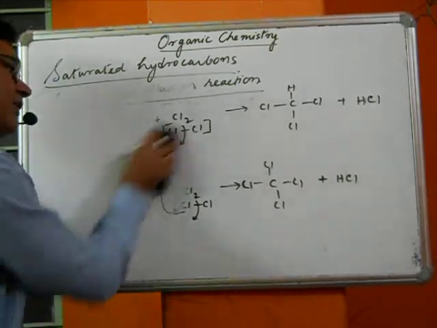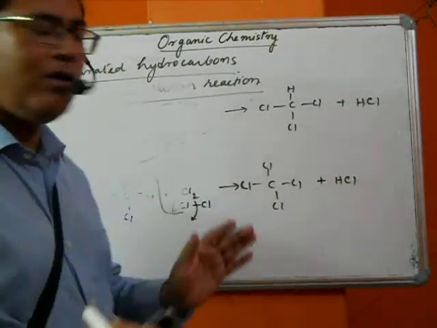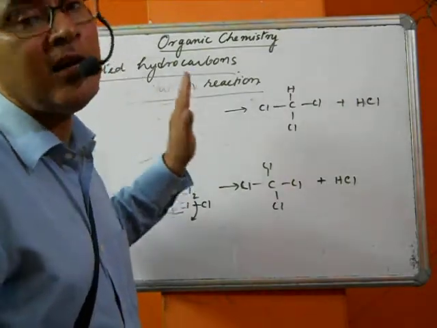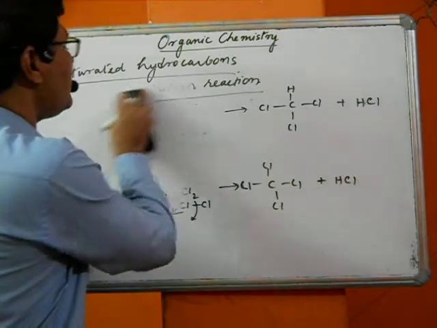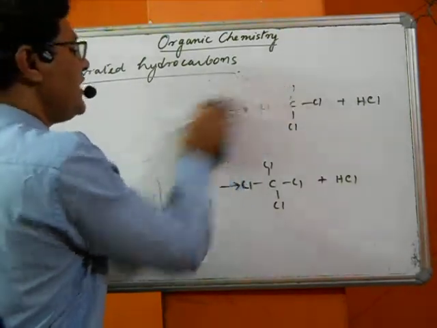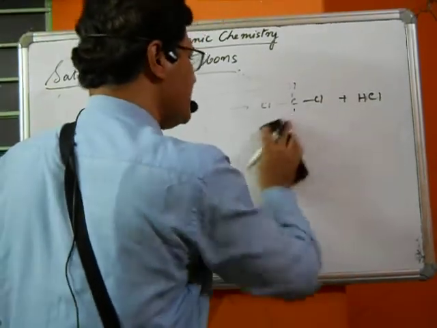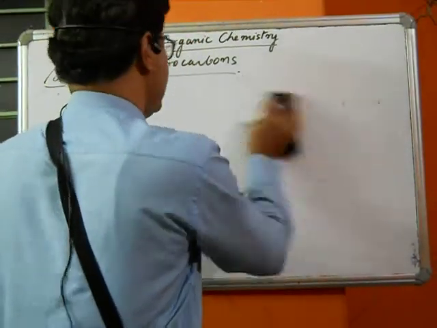Now I told you there are only two types of reactions. All saturated hydrocarbons show substitution reaction. Now let us understand about a specific type of reaction, that is addition reaction.